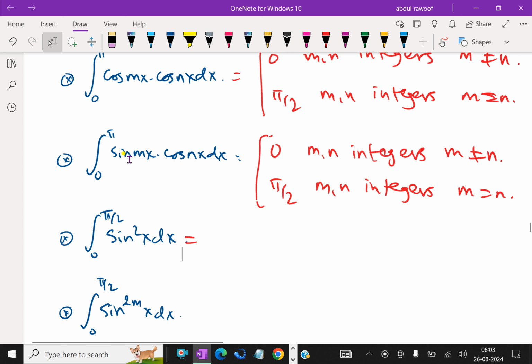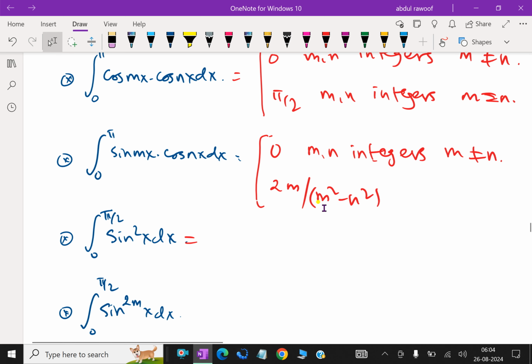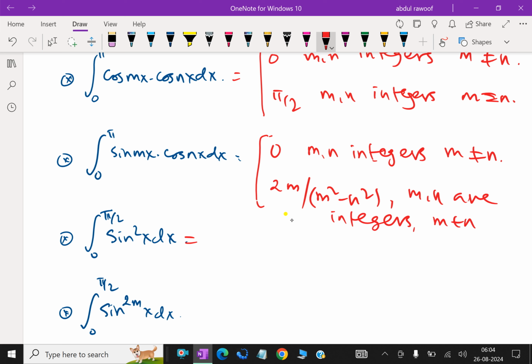Here, for sin mx cos nx dx, the second result is not like this. The integral from 0 to pi of sin mx cos nx is 2m divided by m squared minus n squared, if m and n are integers and m plus n is odd.